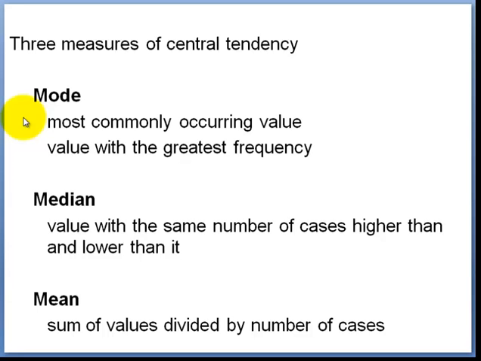The median is the value with the same number of cases above and below it. The mean is the sum of values divided by the number of cases. It's the same thing as the average.